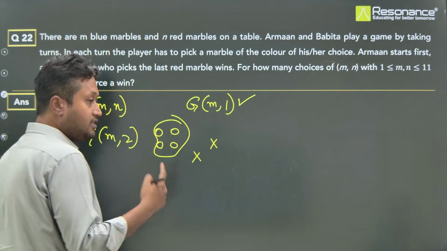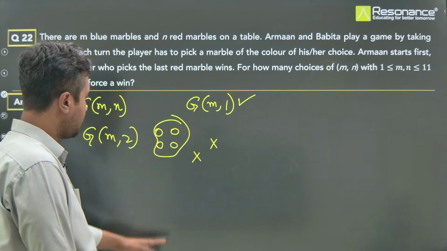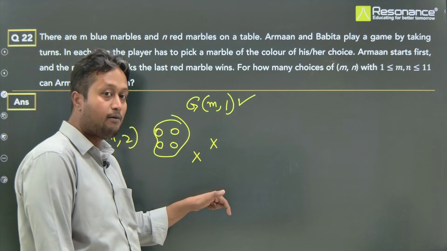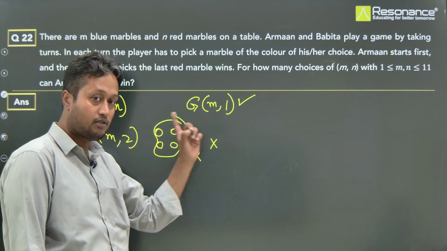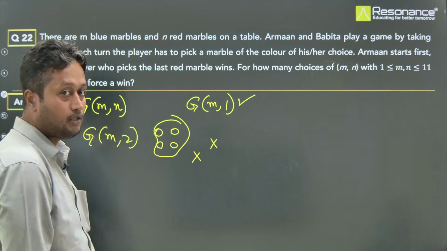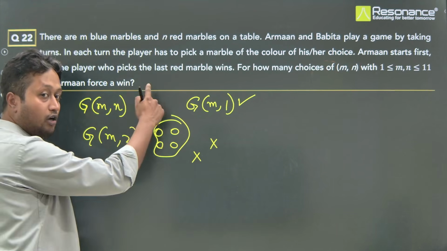So the only strategy that Arman could really apply is start picking blue marbles, because as soon as he picks the red marble, the game is done, because the very next step, the other red marble will be picked and Babita wins. That's not a forced win for Arman.